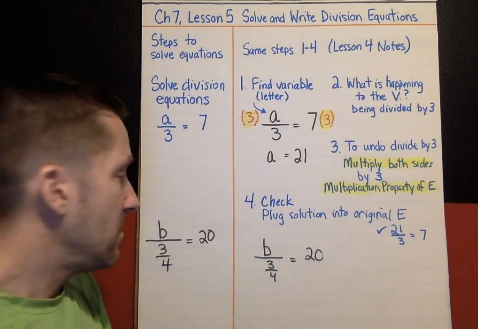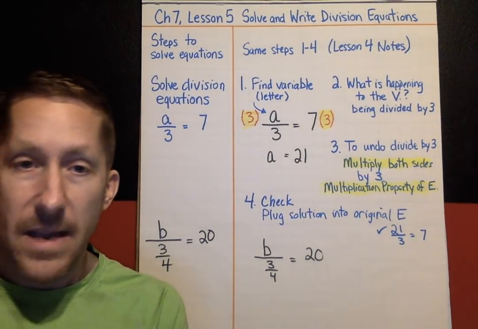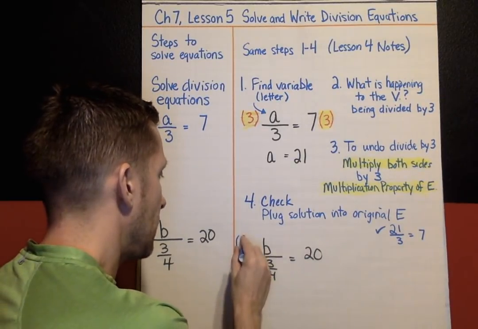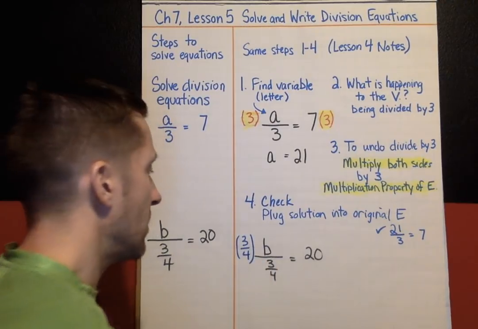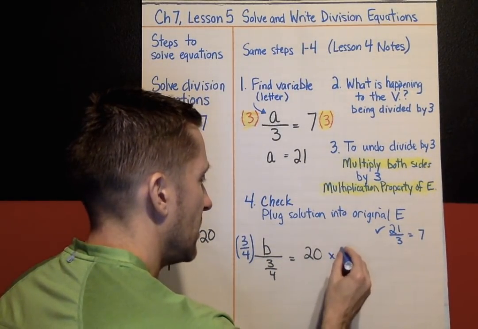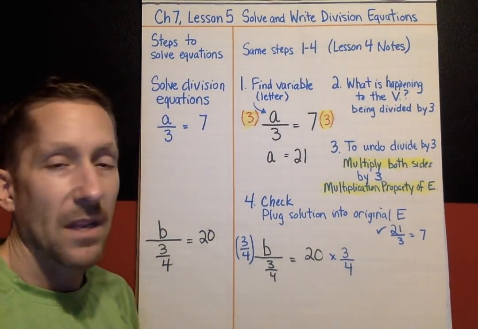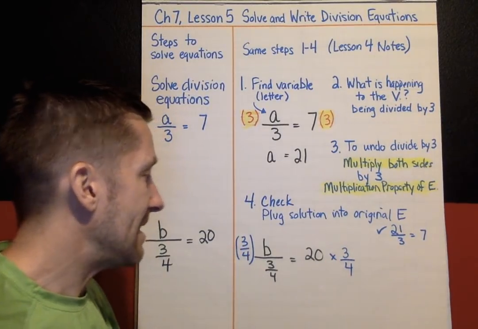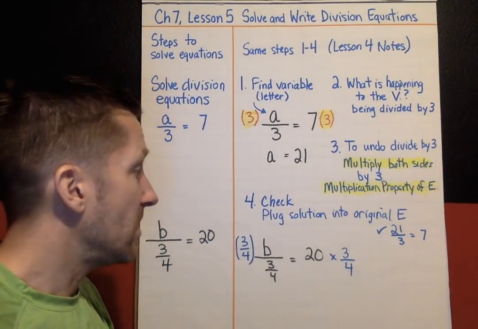So that would look like this. Again, there are a lot of ways I could show this, but I am going to use parentheses. I'm going to multiply this side of the equation by 3/4, and on this side, I'm actually going to show it like this. I'm going to use that x. Again, I could have used parentheses, I could have used a dot, but right here is our multiplication property of equality.